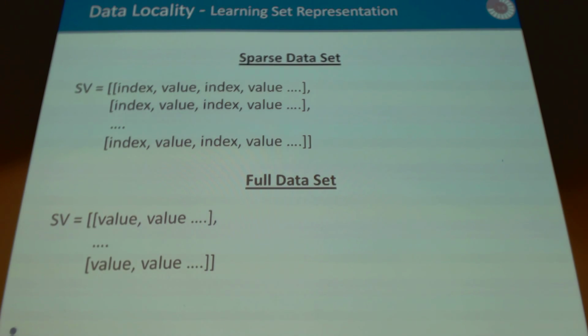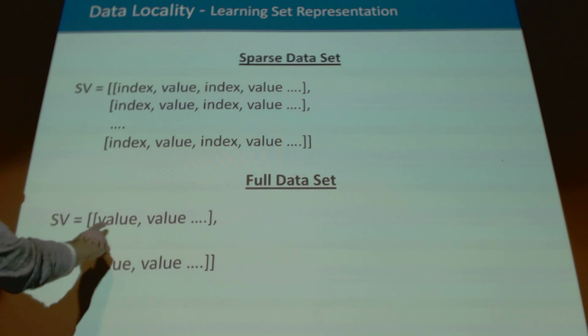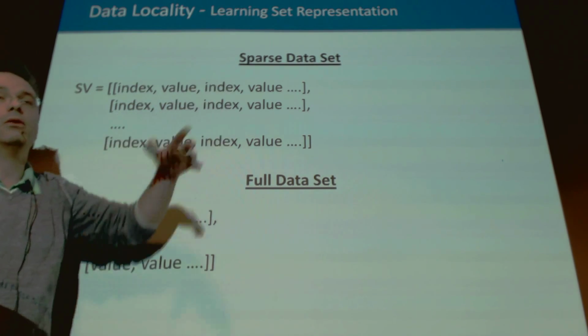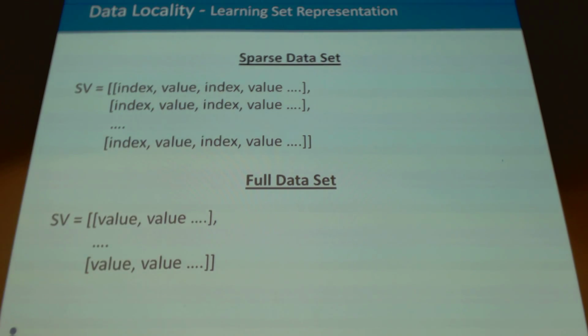Now, if you remember, we need to also handle sparse data sets. So we said, okay, fine, we'll reuse this matrix and store not just the value, but next to each other the index and value. We'll use the same matrix to store the indices of each value and the value itself. Nothing prevents us from doing that, right?